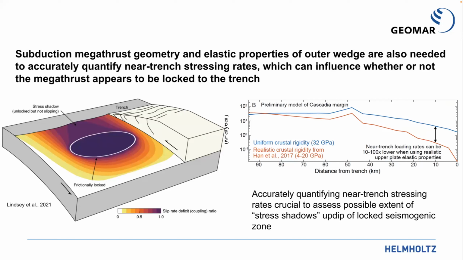This figure on the right is just a preliminary model that we did for a recent proposal, comparing stressing rates out towards the trench, from a uniform crustal rigidity model compared to one with realistic crustal rigidities, and you get 10 to 100 times lower stressing rates. This is shown in terms of kilopascals per year with realistic rigidities.